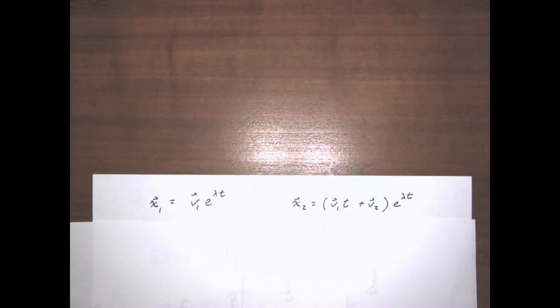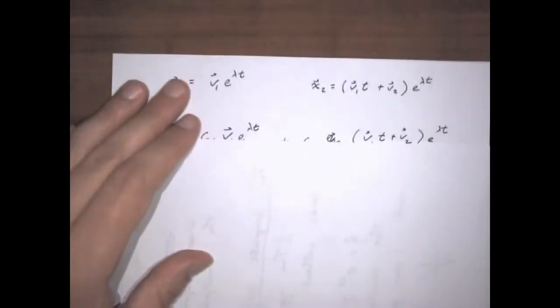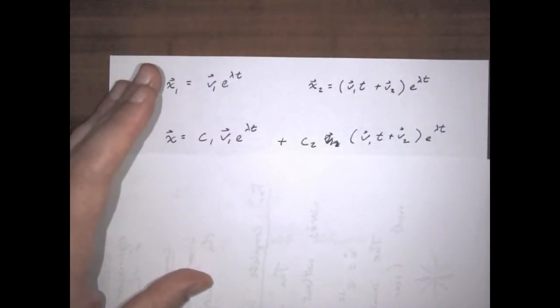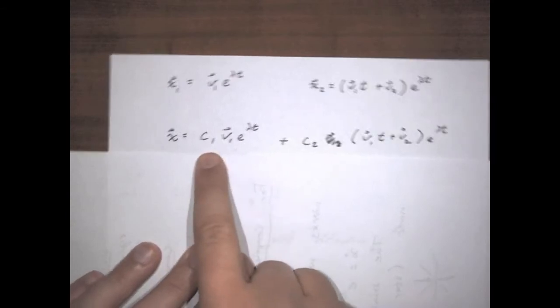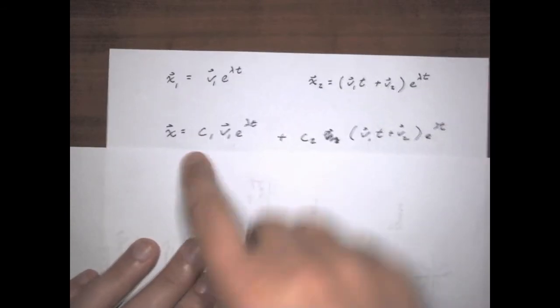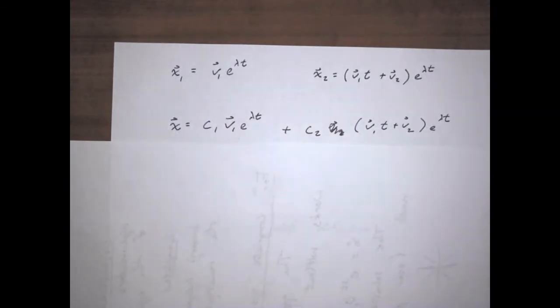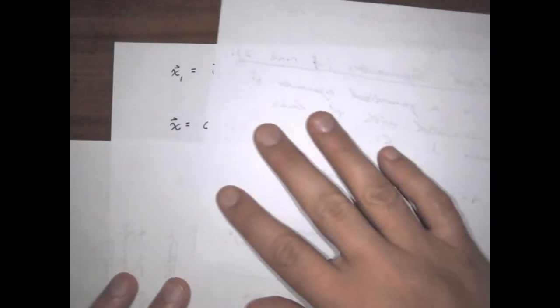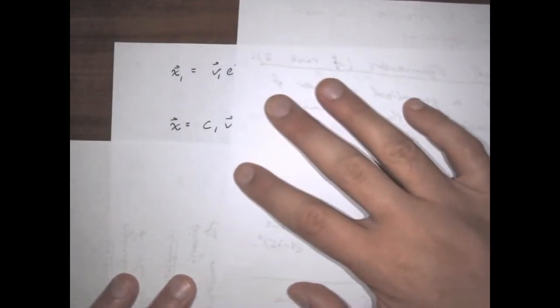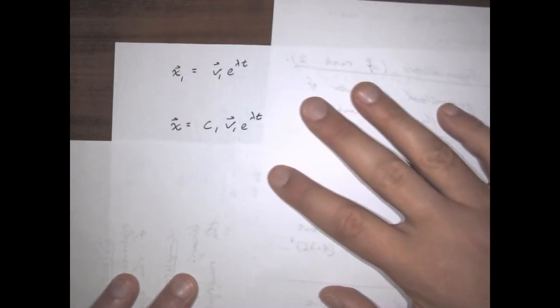So now, if we expand that out and put in the C1 and C2, which only initial conditions will give us, then we'll have x equals C1 V1 e to the lambda t.